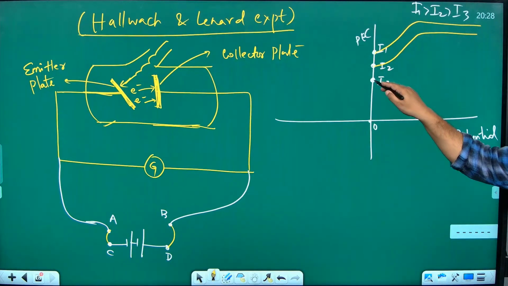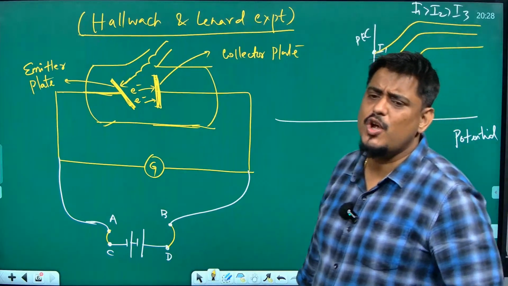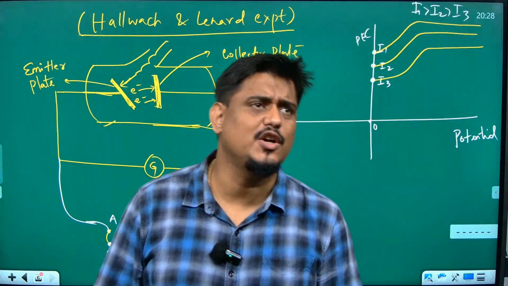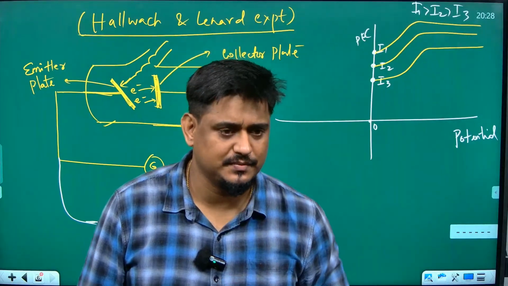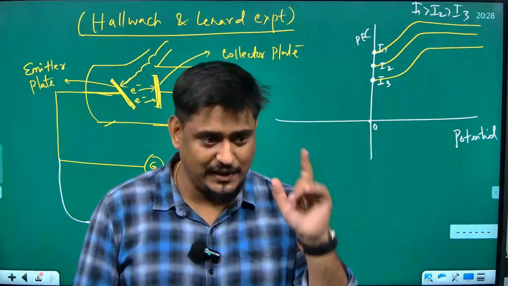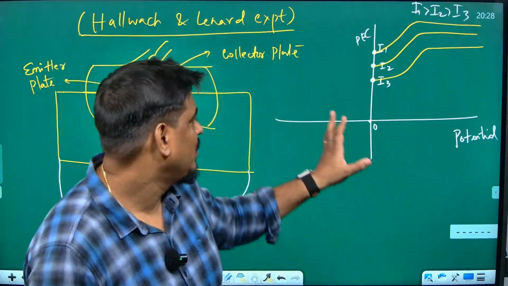And here also it increases, becomes saturated. The meaning of saturation is that further increasing of potential is not increasing my photoelectric current. I'll tell about why later. First understand what the observation is. I'll give the explanation to you later.